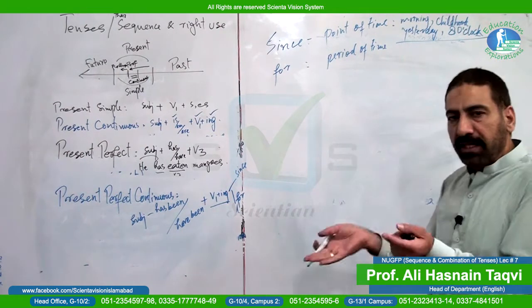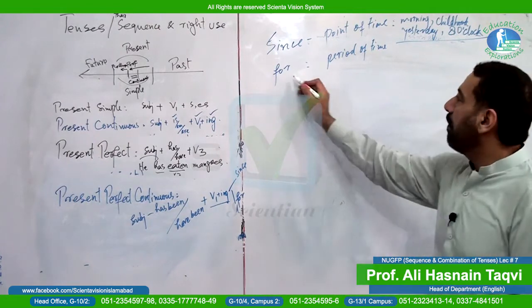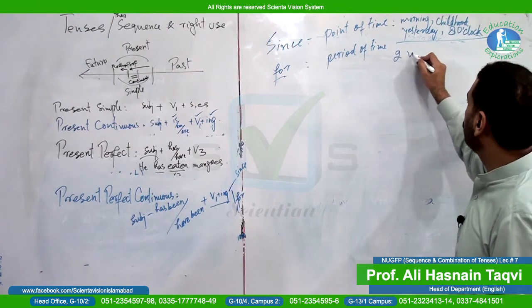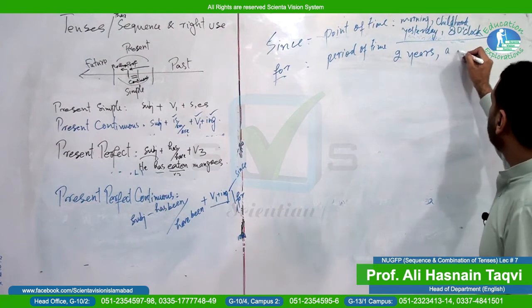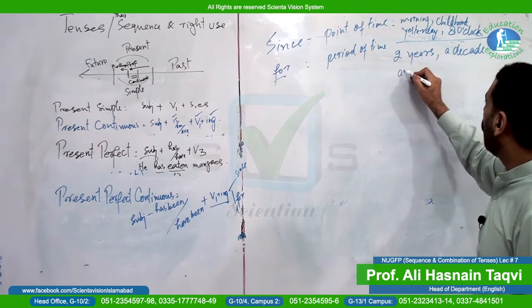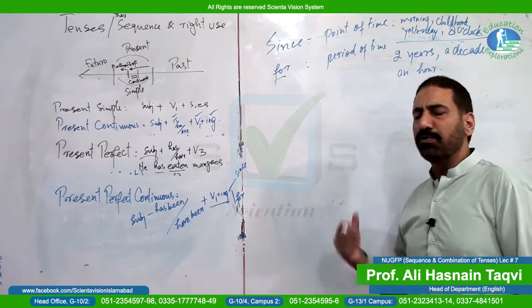So you don't have the rounded bracket of beginning and ending. Whereas for is for a specific period, like for 2 years, for a decade, for an hour. Hopefully you understand the right use of since and for.